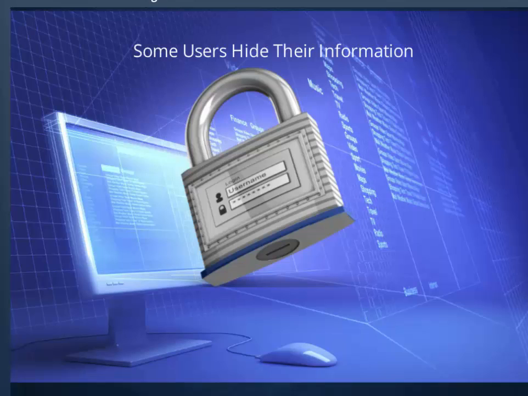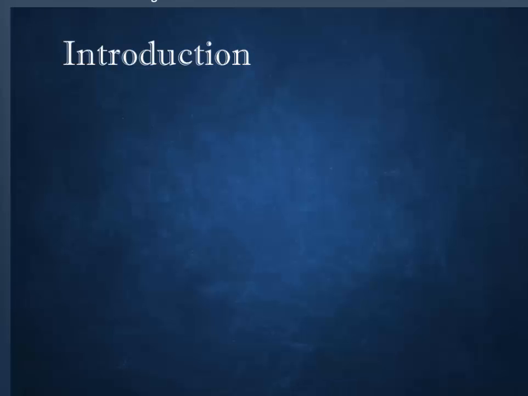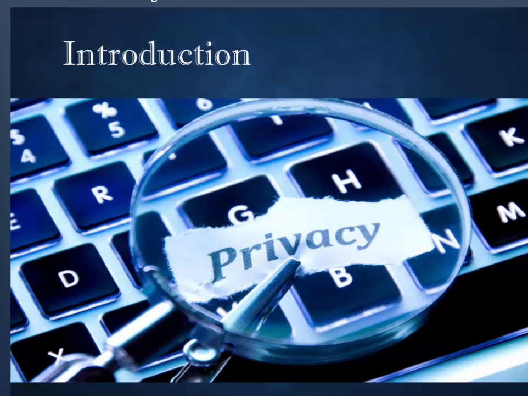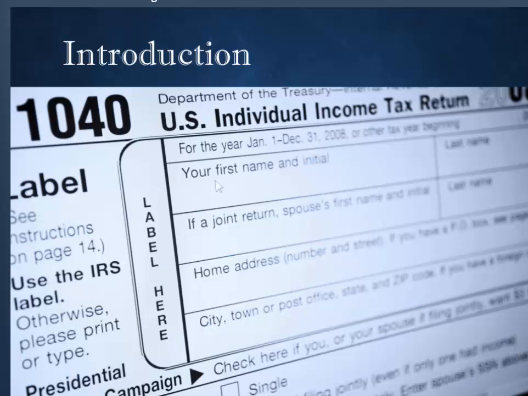I want to say in the beginning that you can hide information not always because of criminal intent, but sometimes we hide information just as a way of keeping our privacy. Think, for example, that you worry about the security of your tax return file. It's on your computer, you use software to create your tax returns, and it's stored on your computer.